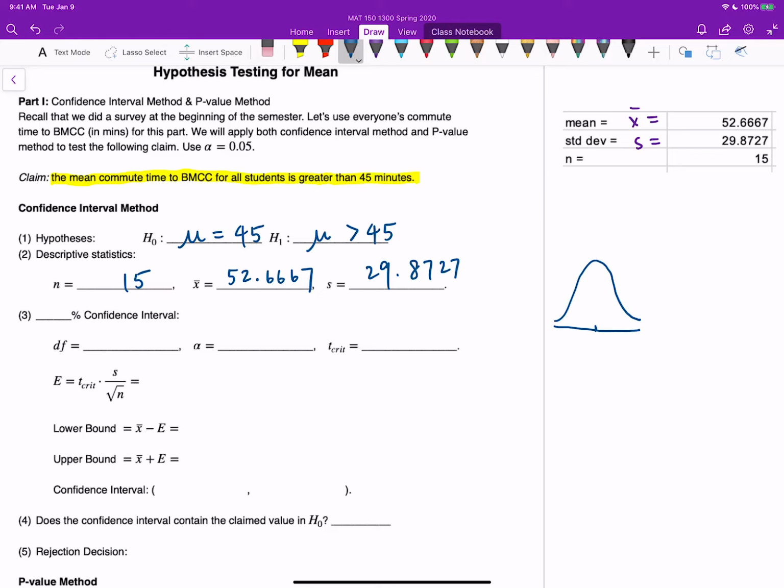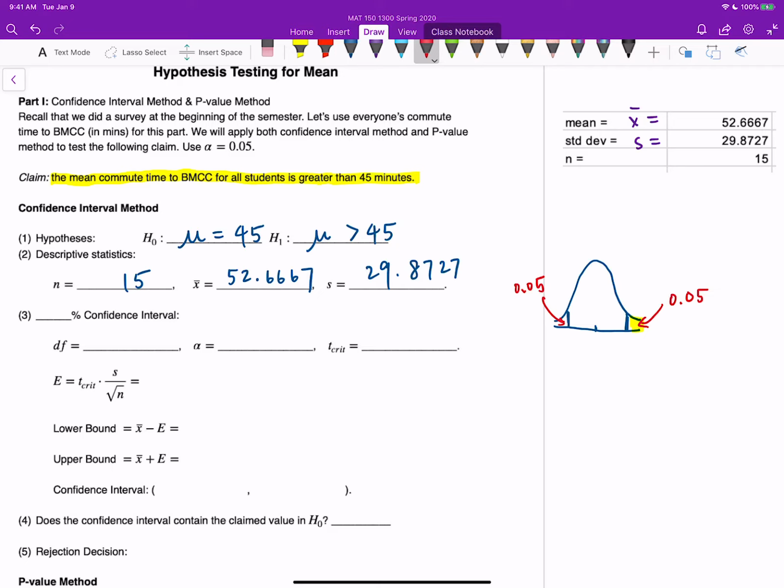Our significance level is 0.05 and our alternative hypothesis is greater than. So we have a right tail test. And if you shade everything to the right of this line segment, the value right here is 0.05. By symmetry, the value to the left is also going to be 0.05.